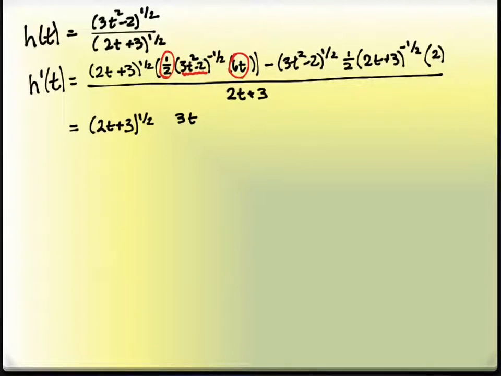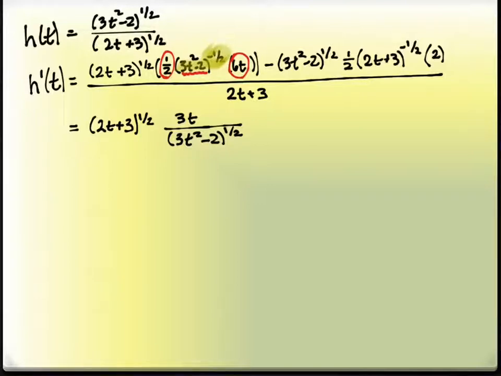And then the fact that this has a power of negative 1/2 right here means that within the numerator, I now have a denominator that's 3t squared minus 2 to the 1/2. It'll be okay. I promise. It's all going to be okay. But that's what I have for now.